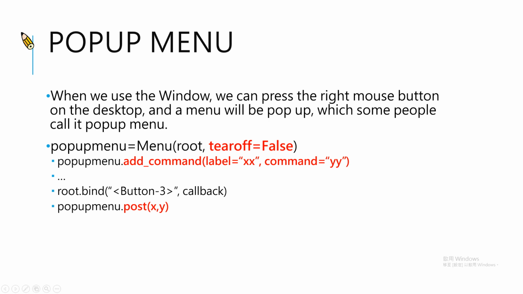A pop-up menu is a menu that will pop up when a user presses the right key of the mouse. So it will automatically pop up.